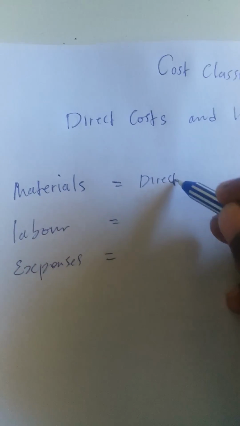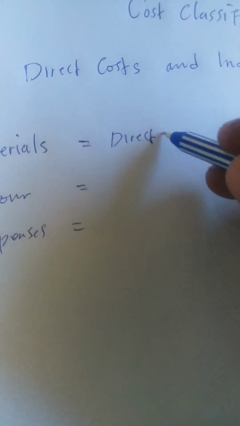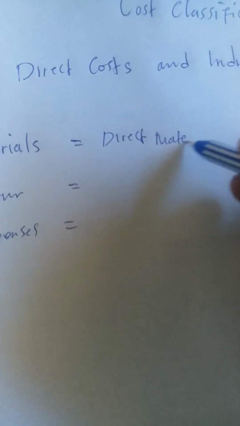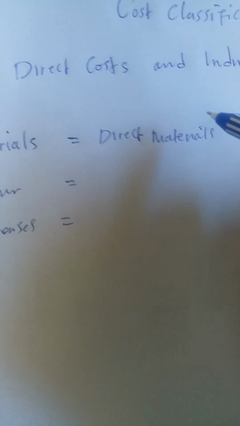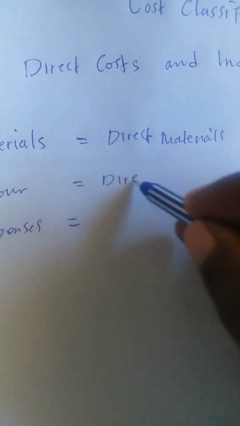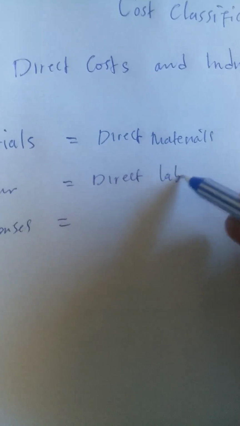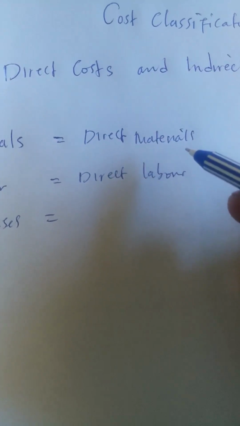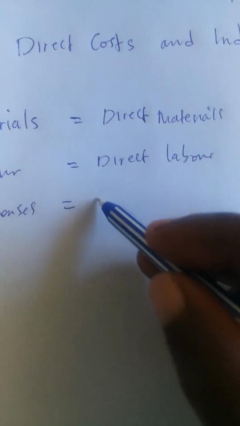Then here we have direct materials, direct labor, and direct expenses.